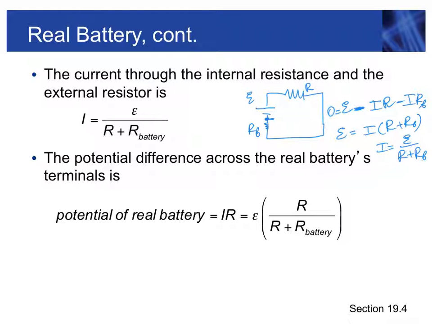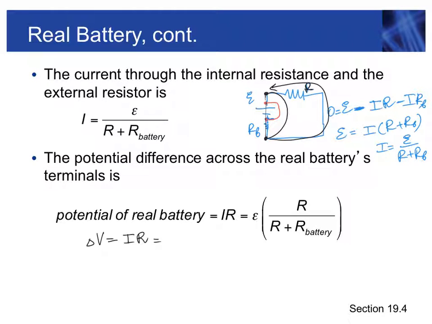Let's talk about what the potential difference is across the real battery terminals. Ideal battery terminals are here, but for a real battery the terminals are here. We need to include its resistance. So we need to look at the voltage drop from this point to this point. We can simplify this idea by looking at the voltage drop not this way, but this way. So delta V, the potential drop through the real battery, is the current multiplied by the external resistance.